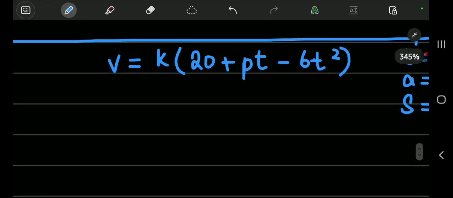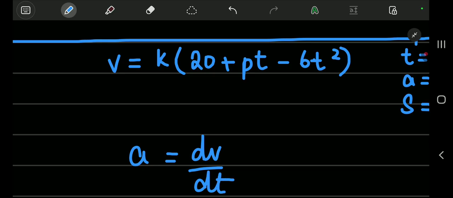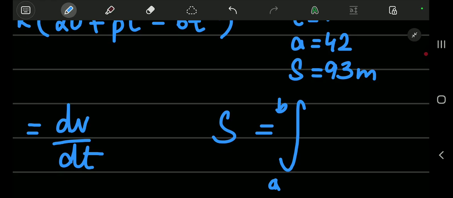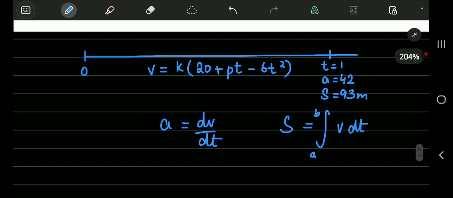To find the acceleration, we need to differentiate dv over dt. To find the distance, we need to integrate between the limits a to b, with respect to t.